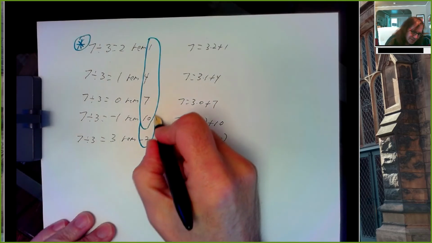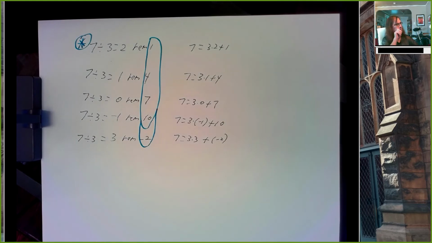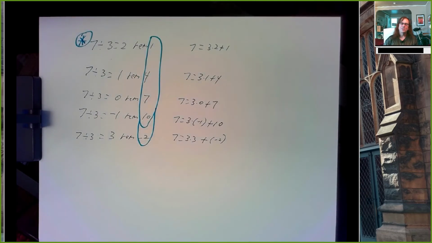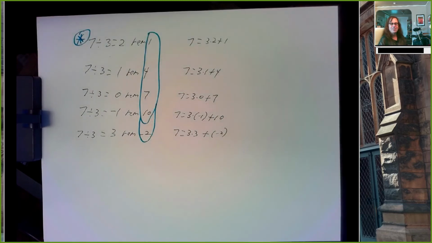So we'll throw that in our set of remainders also. And you can see that if someone says, what's the remainder when you take 7 and divide it by 3, you've got an infinite set of possible answers you could give. Some are positive, some are negative, some are close to 0, some are further away from 0.